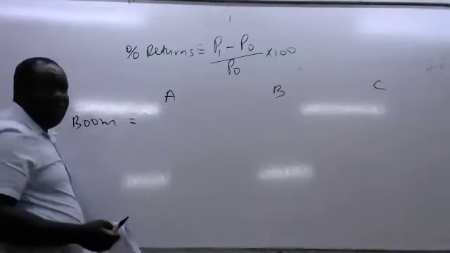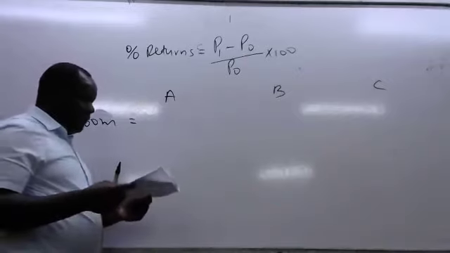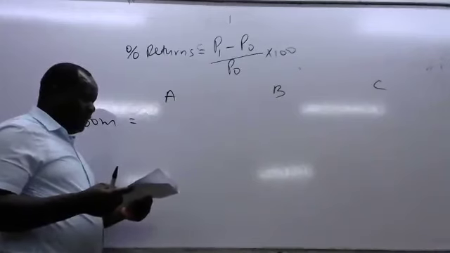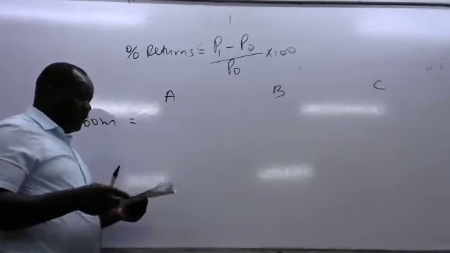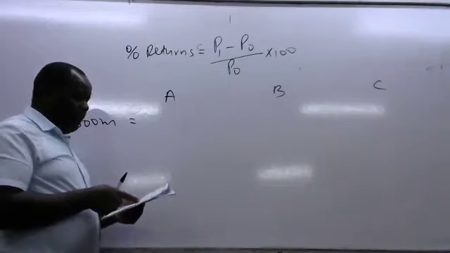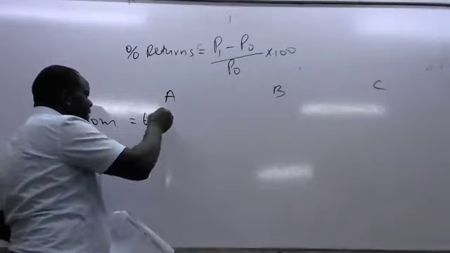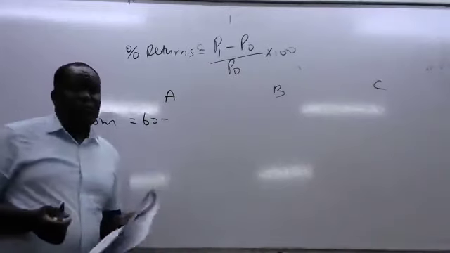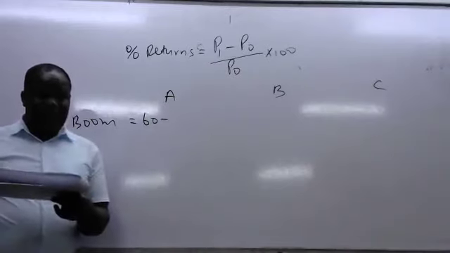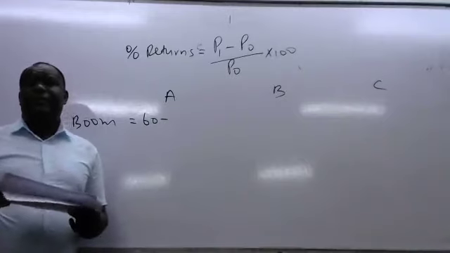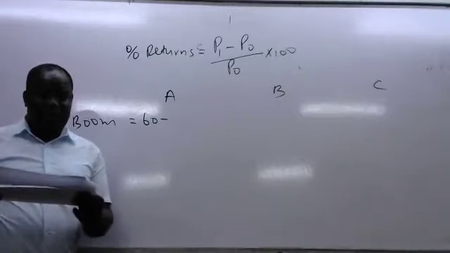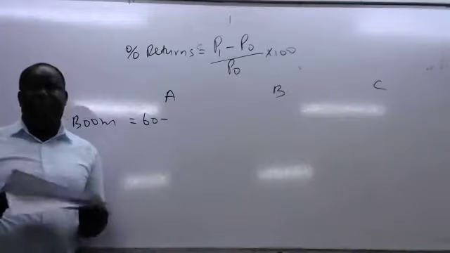So under boom, you can see boom for A under the forecasted share price. They gave you 60. So 60 is the price at the end of the year, and we minus the price at the beginning of the year, which is what they have given as the current market price per share.